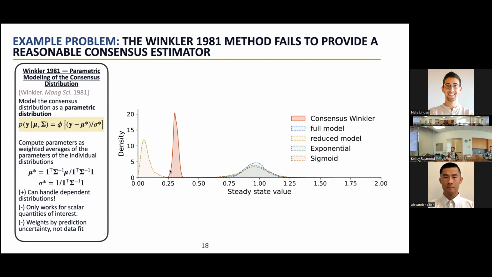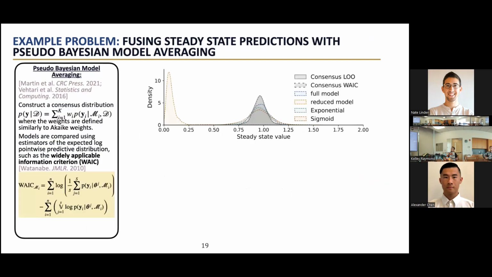But okay, so what are we going to do instead? We'll look at the pseudo Bayesian model averaging approach, plotting two different methods for computing this. One of them is the widely applicable information criterion, and another is a leave one out cross-validation estimator for the same underlying quantity.